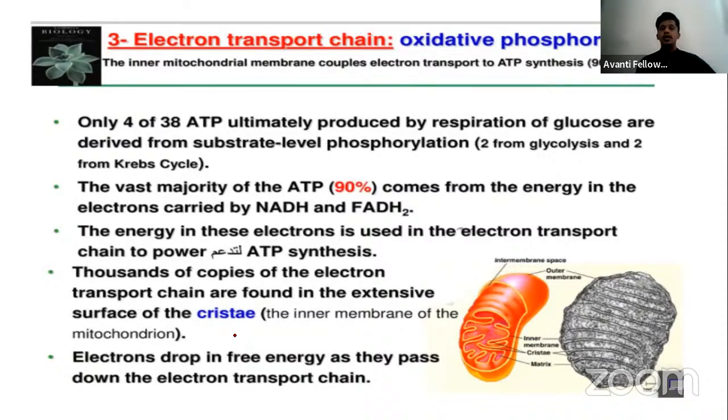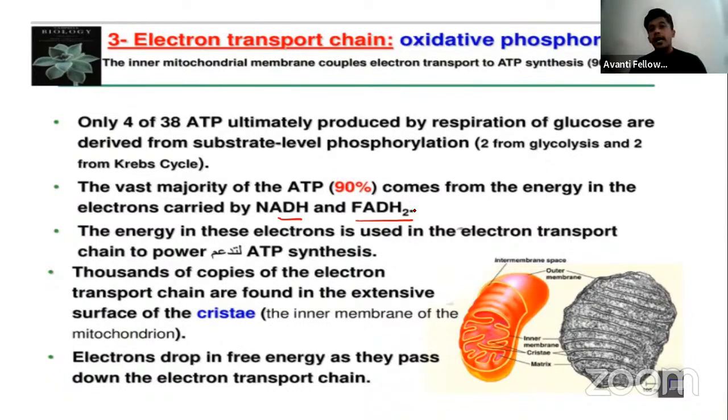The vast majority, 90% of the ATP synthesized in organisms, comes through our electron carriers such as NADH and FADH2. The glycolysis process gives rise to very little ATP. How many ATP did we produce in glycolysis? 4 ATP. Out of these, 2 went in investment, and finally the yield was only 2 ATP.